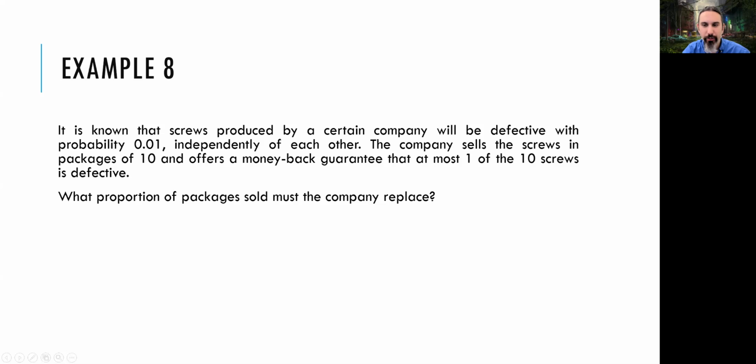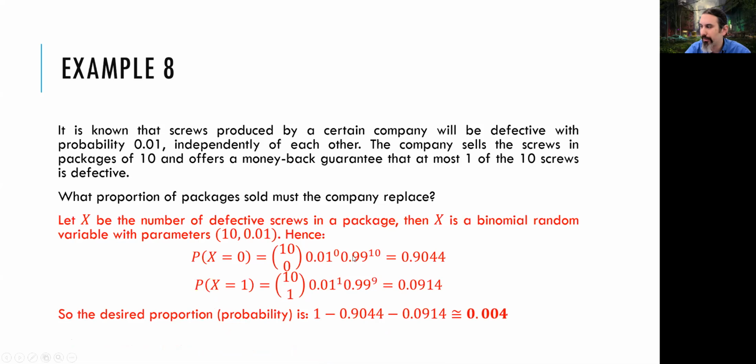So I'm just going to use 10 choose 0, because I'm going to choose 0 successes out of 10 trials. And I'm going to say 0.01 to the power of 0 and 0.99 to the power of, sorry, 10. This is going to give me the probability that there are no defective screws in there, which is about 0.90.